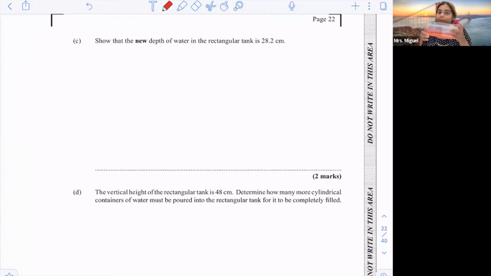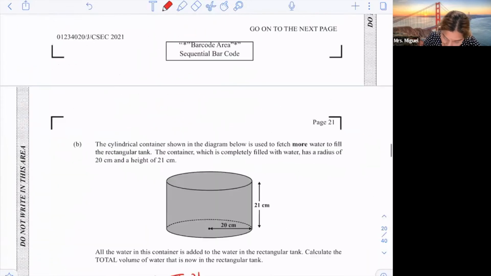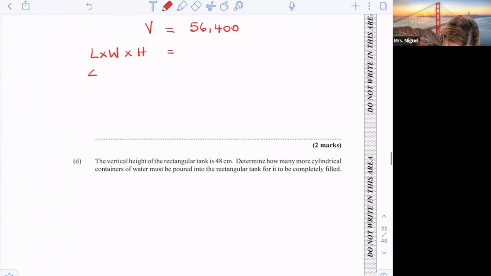Remember the new depth of water in the rectangular tank. So the volume in the rectangular tank is 56,400. The length and the width will stay the same, but the height will change. So the length and the width is 40 by 50. So 40 by 50 by some h will give me 56,400. Work out h.